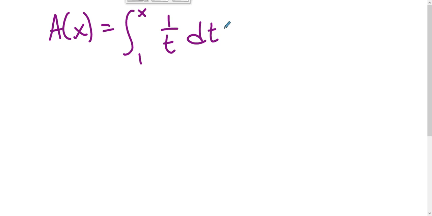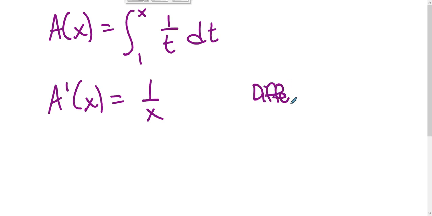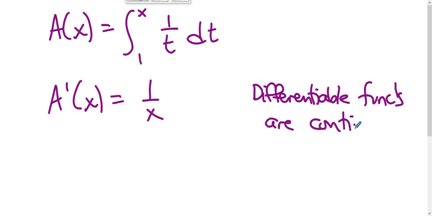If it's continuous, then it satisfies all of the properties that are necessary for that theorem to hold true, and then this is in fact the log function. But of course we know that this is continuous because we know that it has a derivative, and functions that are differentiable are continuous.